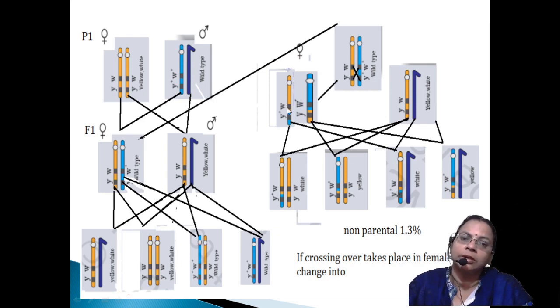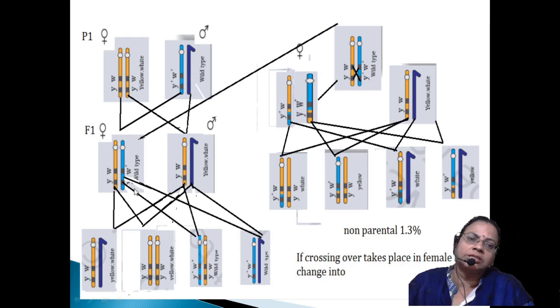This is caused due to recombination, recombination as a result of crossing over, if crossing over is taking place between the homologous chromosomes of the F1 female. Okay, if crossing over does not take place, exactly the parent combination, that is yellow white and wild type, you are getting.